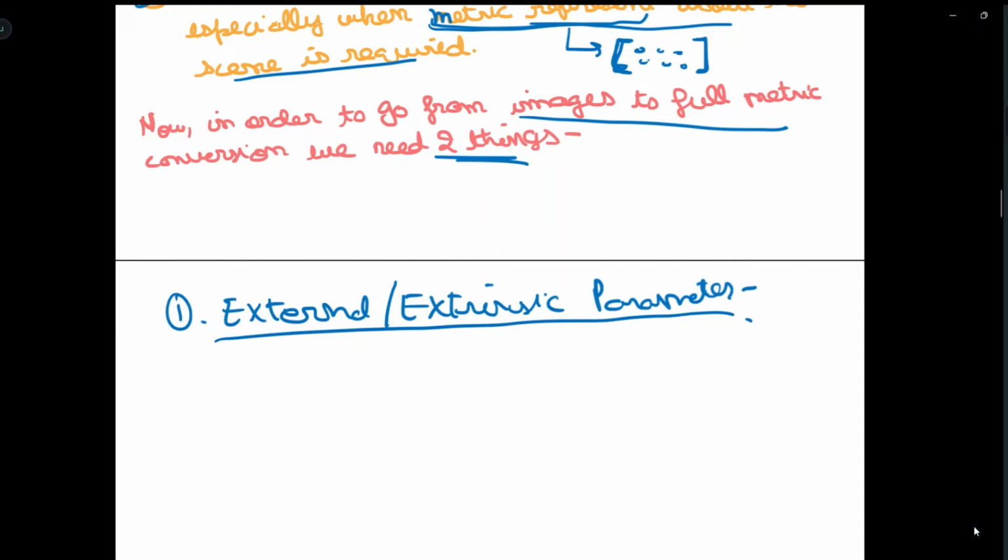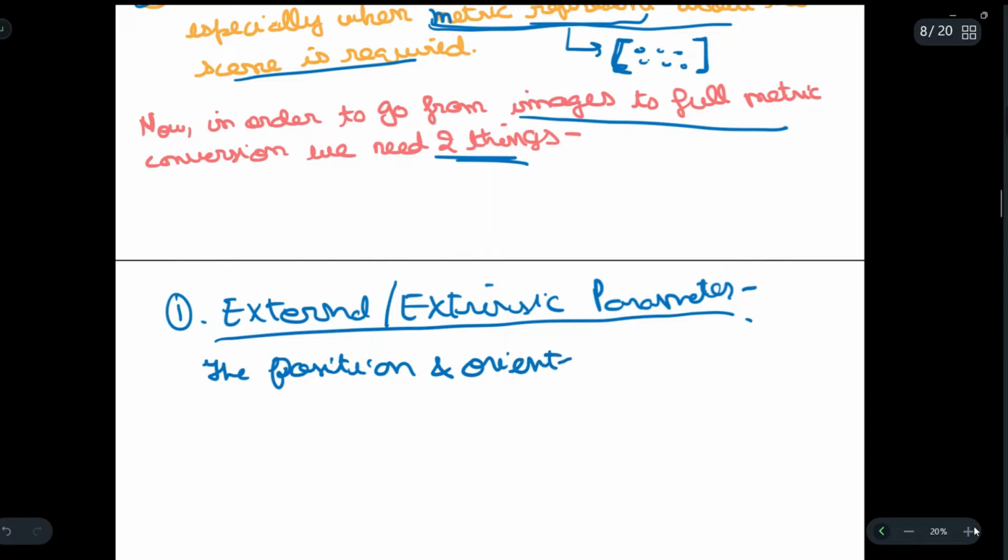The first thing we want to know is the position and the orientation of the camera with respect to the world coordinate system or the world coordinate frame.